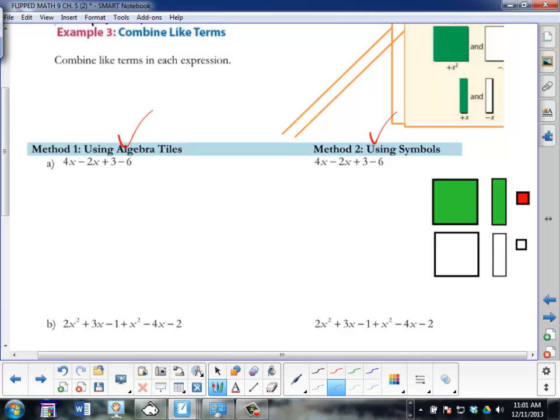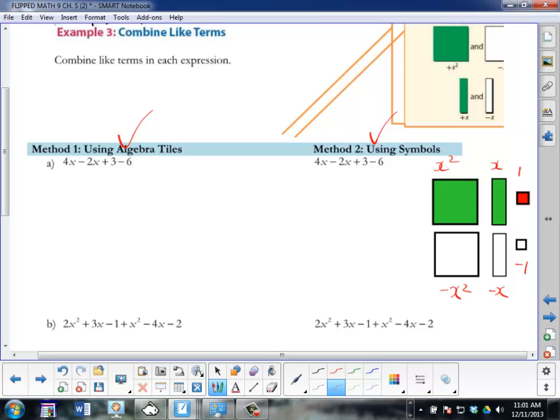The big green tile represents an x squared. The clear tiles, the ones that are white, represent the opposite, which is negative x squared. The rectangular green one is an x, and then a minus x, and we've got a plus 1 and a minus 1 there. So let's have a look at what we've got first of all. We've got 4x minus 2x.